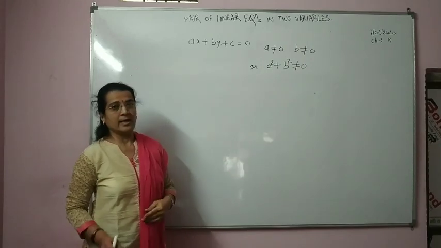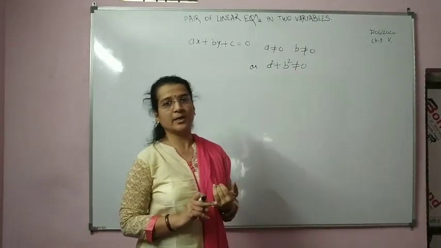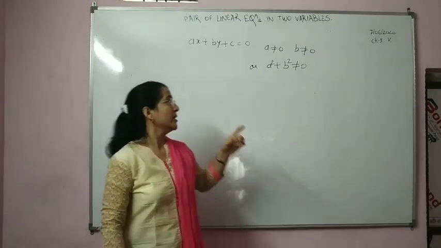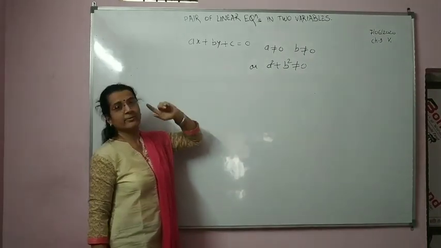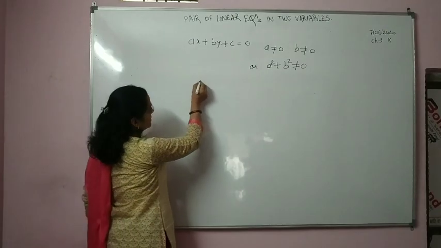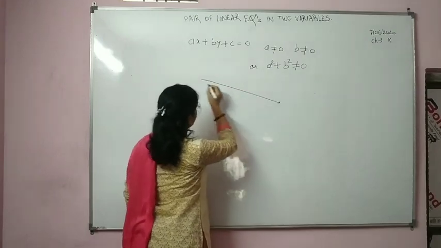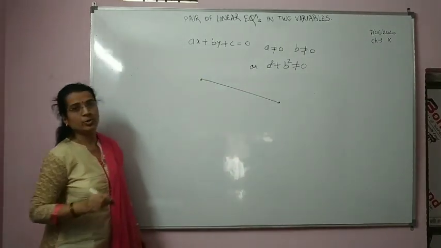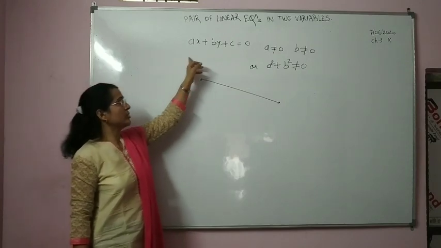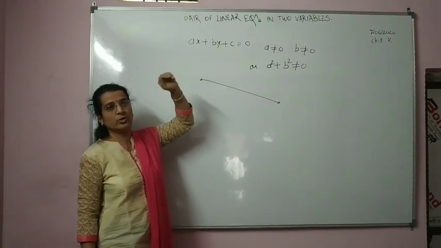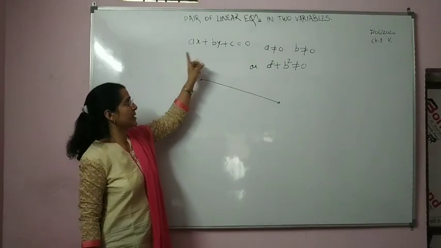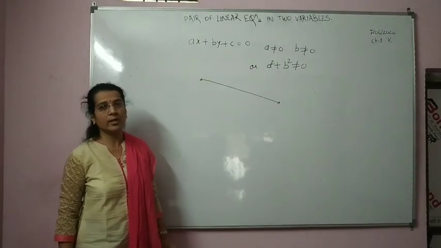Now see, last year after seeing linear equations in two variables, we saw their graphical representation. What is the reason behind that? Why do we call it a linear equation? Because if you plot the points, which are the solutions of the equation, and join them... Solutions of the equation are nothing but the values of x and y which satisfy the equation.